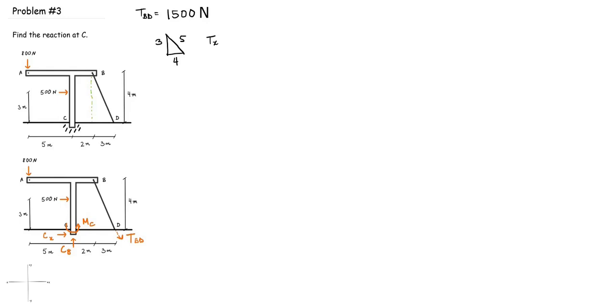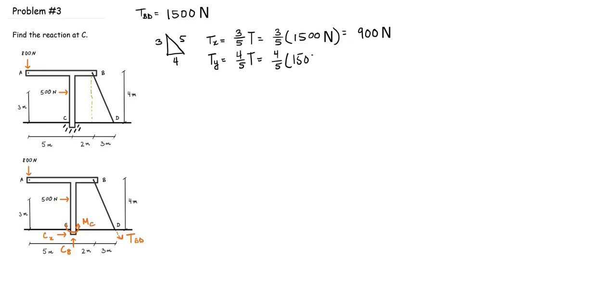We know that the x component is equal to the ratio 3/5 times the magnitude of the tension. So that's equal to 900 newtons. We can do the same for the y component, which is equal to 1200 newtons.